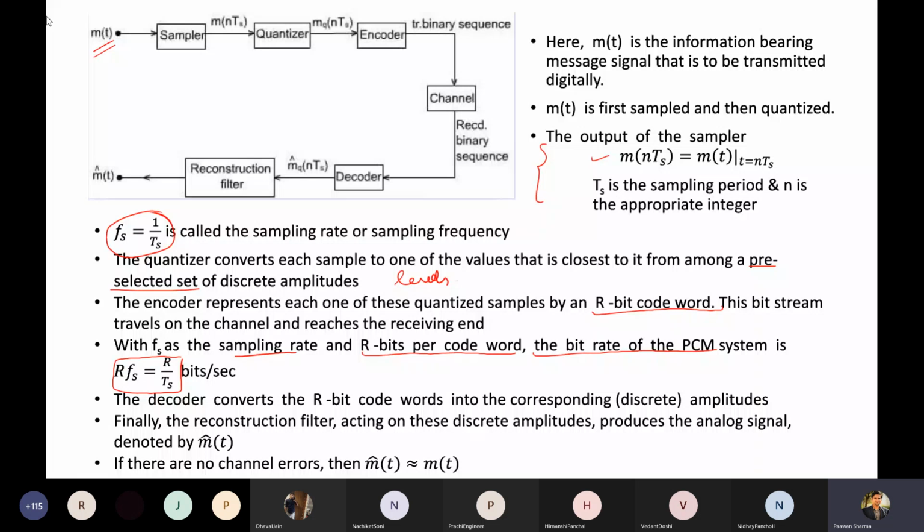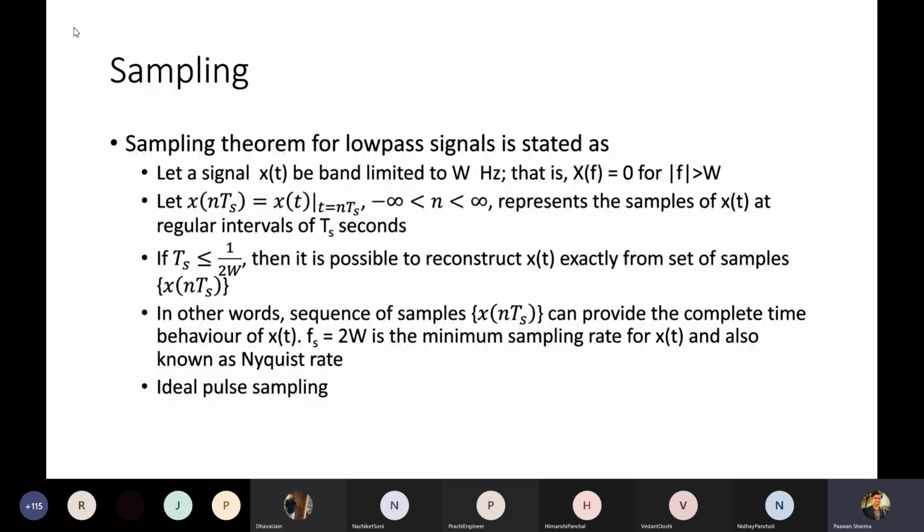So m cap(t) is an estimate of your original signal. If there are no channel errors, your estimate m cap(t) will be equal to m(t). But this does not happen. Errors come, we need to get rid of them, and in that process our system has some performance criteria.